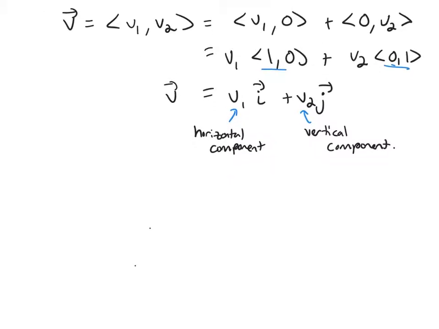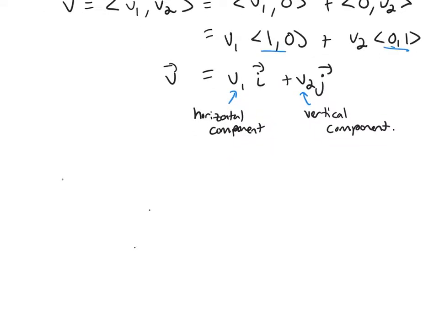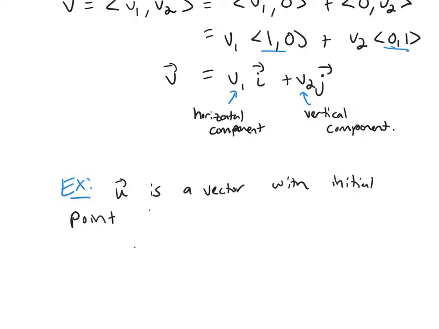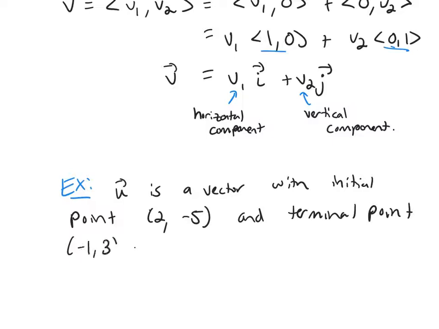So let's look at an example. Let's say u is a vector with initial point (2, -5) and terminal point (-1, 3).